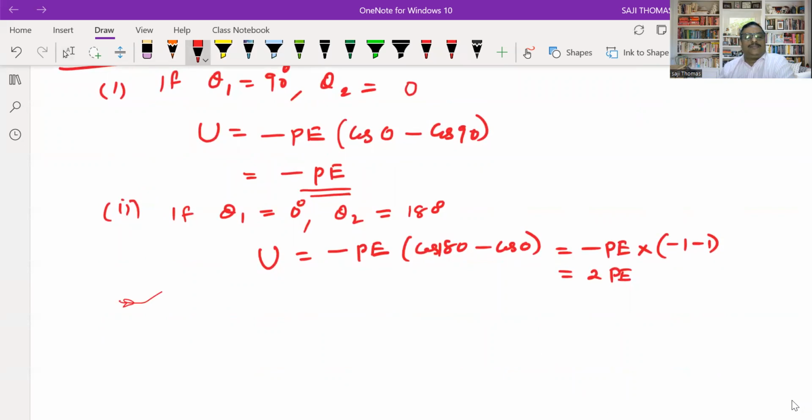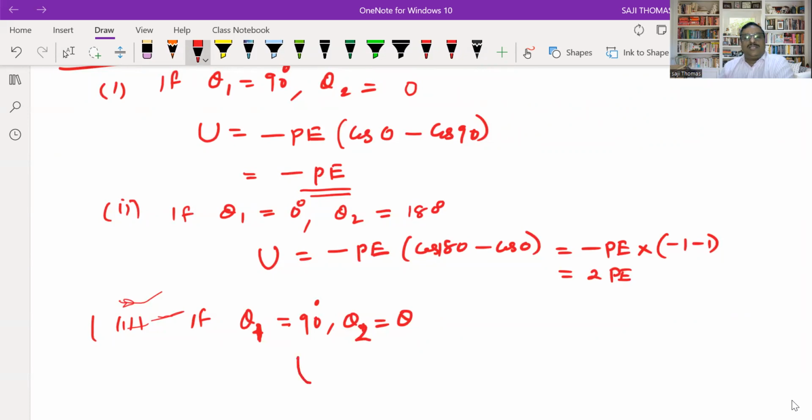Third case, if theta 1 is 90 degree and theta 2 is theta.